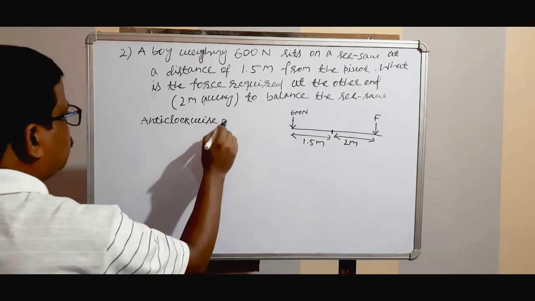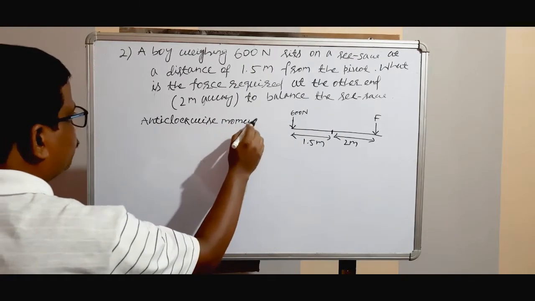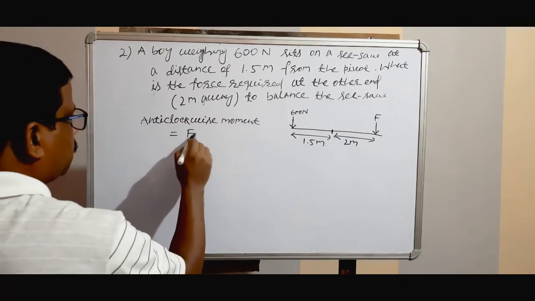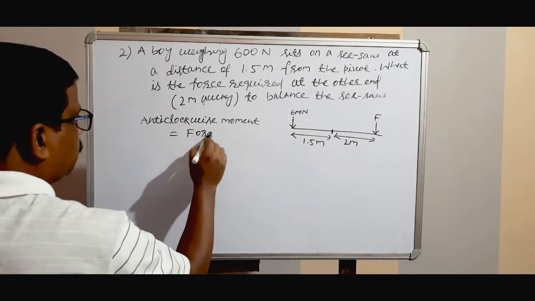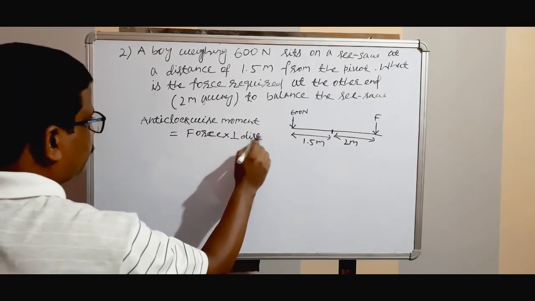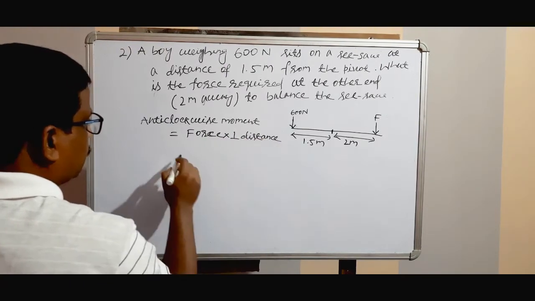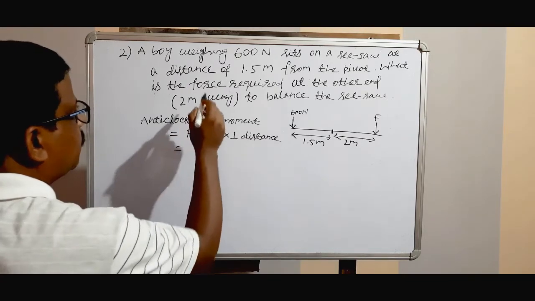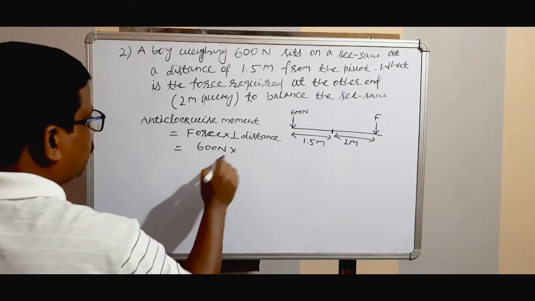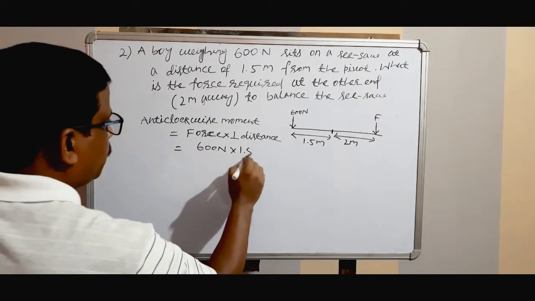Anti-clockwise moment is equal to your force into perpendicular distance. So force is given how much? 600 Newton into perpendicular distance 1.5 meter.